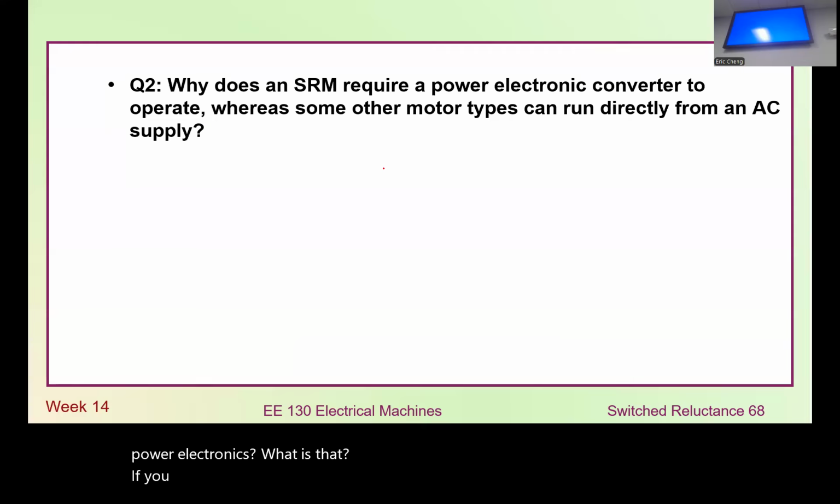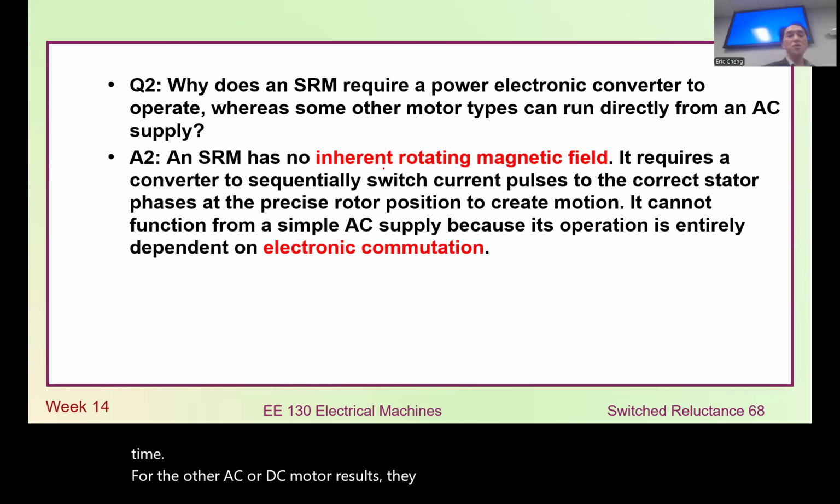The SRM requires power electronics because there's a certain order to turning on the coils around the stator. We need exactly the right turn-on angle for each of the windings at an appropriate time. The other AC or DC motors can run on a rotating magnetic flux.